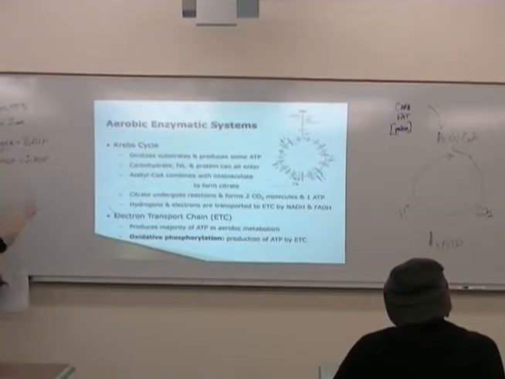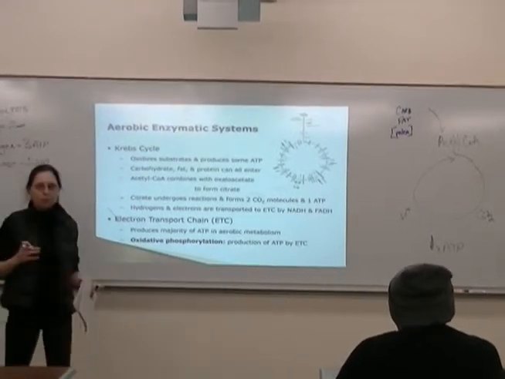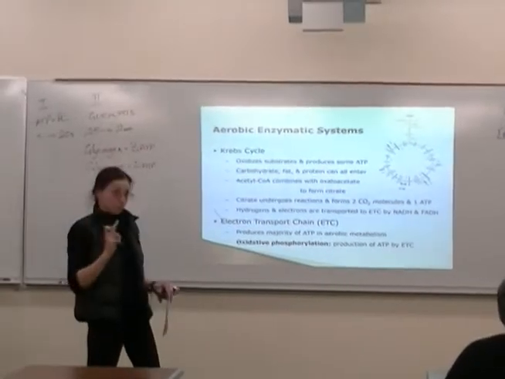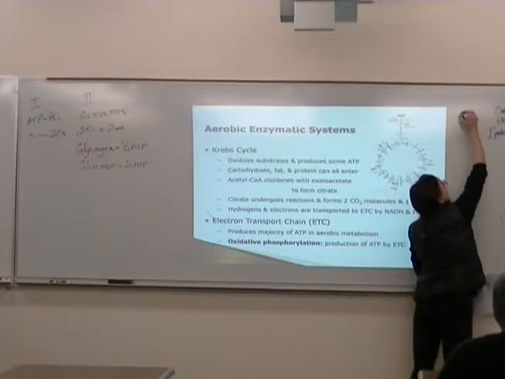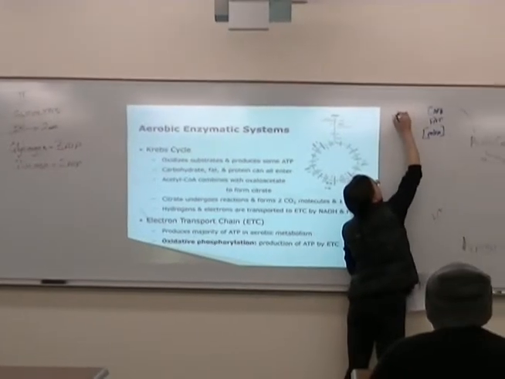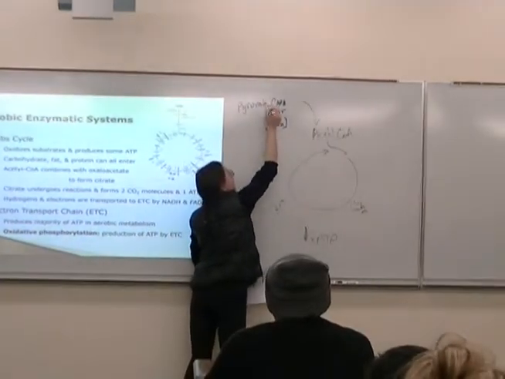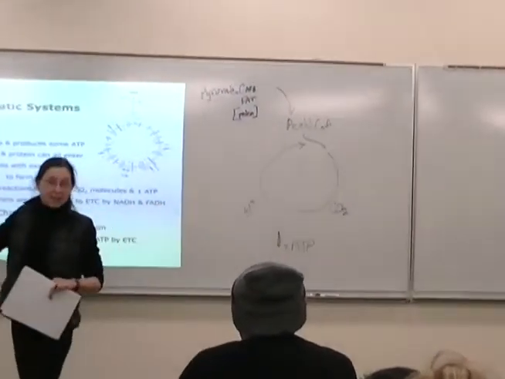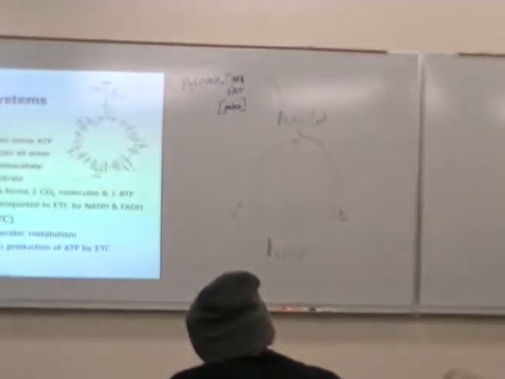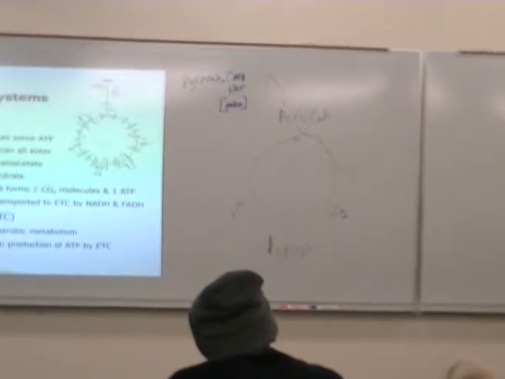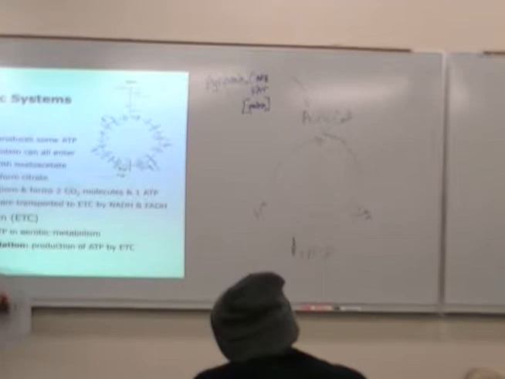When we looked at glycolysis, what was the very last molecule we ended up with at the bottom of glycolysis? Pyruvate, okay? So, my carbohydrate is pyruvate. So I have to break glucose or glycogen down in glycolysis, and then if I'm going to work aerobically, I take that pyruvate and I turn it into acetyl-CoA.